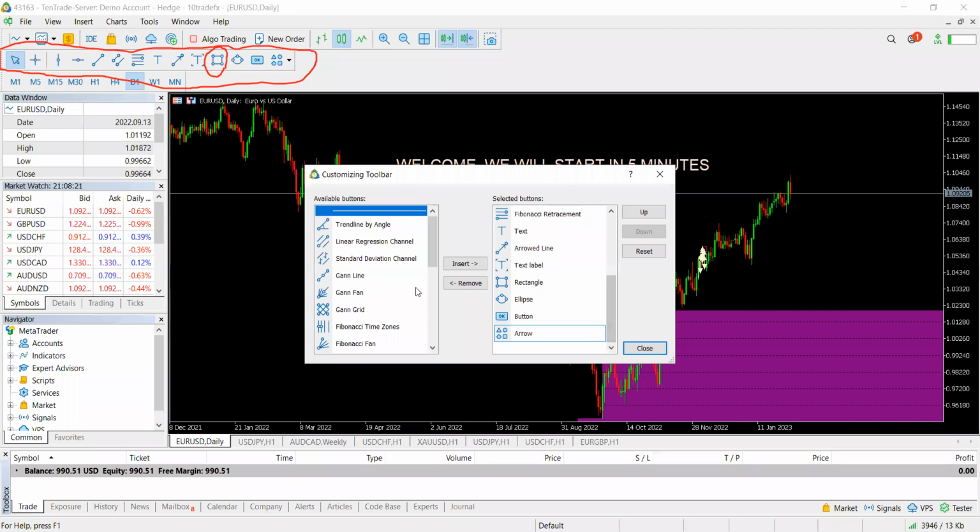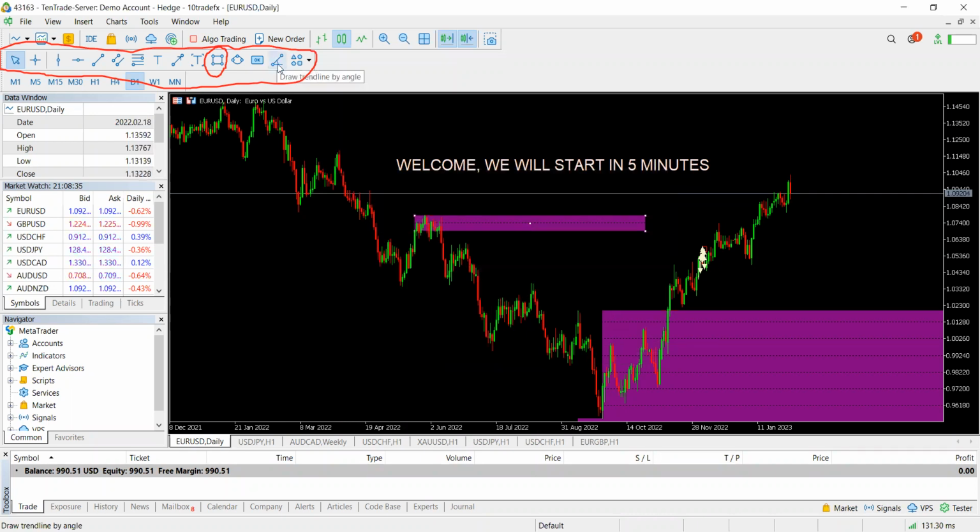Anything that you want to add, for example, if I want to add this trend line by angle, I click on trend line by angle and then click on insert. When I insert, you can see it is now here. By default, maybe the rectangle is not going to be displayed here, but I added it myself.